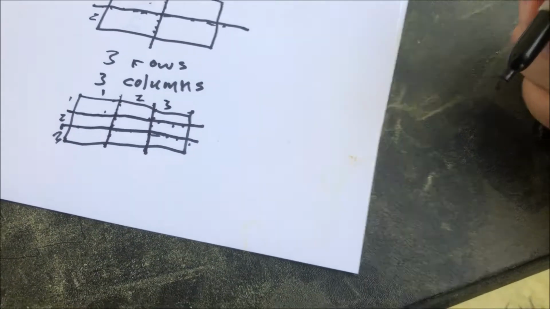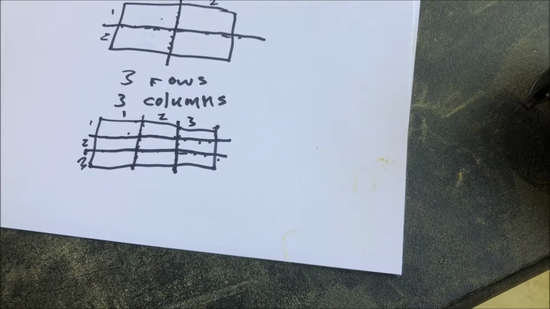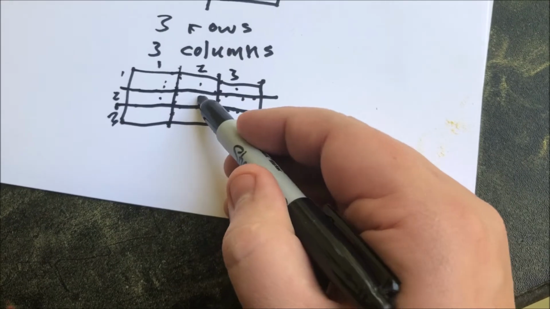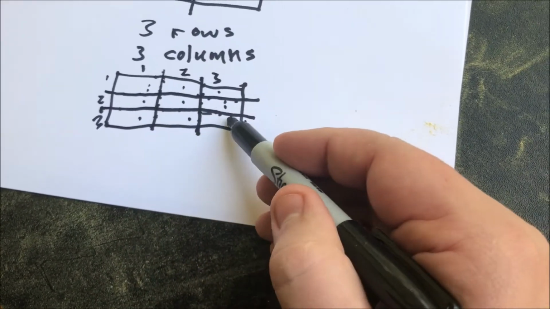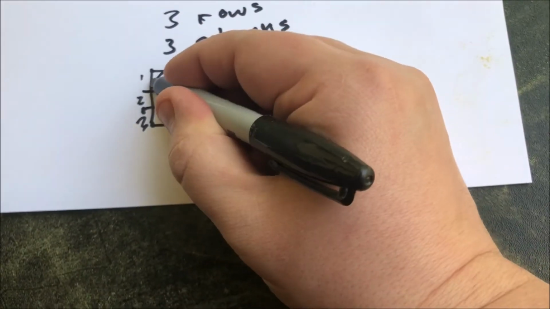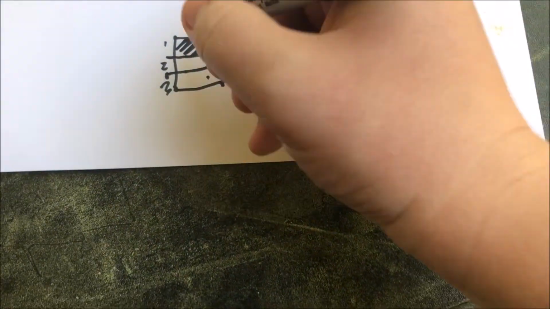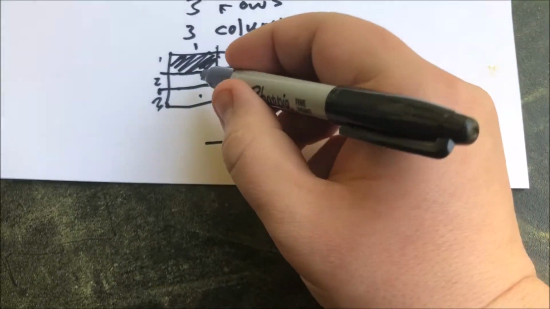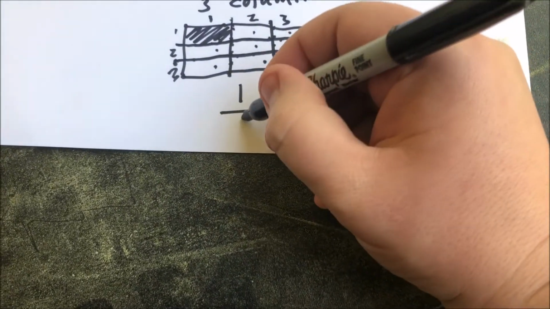Very good. Now, how many total parts do you see in your figure? 1, 2, 3, 4, 5, 6, 7, 8, 9. What if I only shade one of them in? 1 part is selected, so that goes on the top. And there are how many parts total? There are 9 parts total.